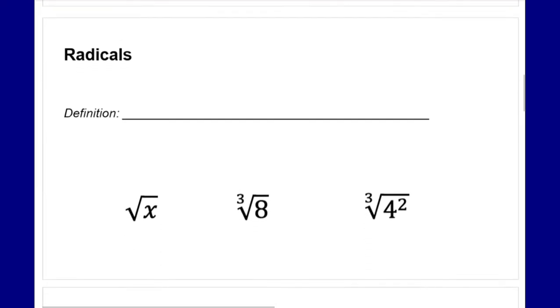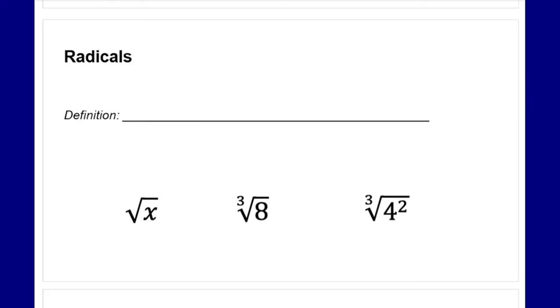Now for radicals, these should be a little bit familiar. Definitely you should have seen the first one, the square root of x. Radicals, by definition, are the opposite of an exponent, which makes sense because we've seen the square root before when we've wanted to cancel out squaring.